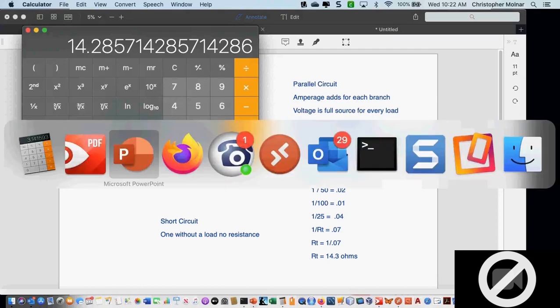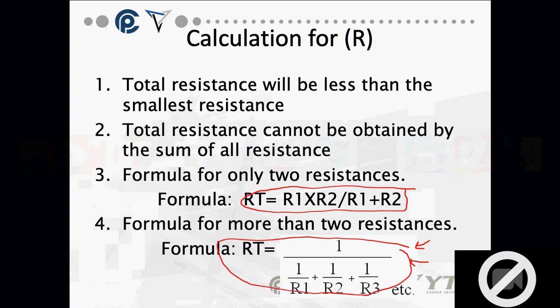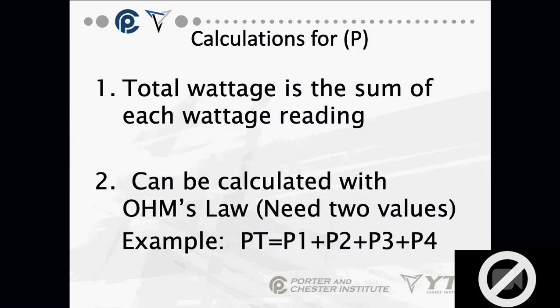Back to the final PowerPoint slide. Power, which is wattage, is the sum of all wattage. So the total wattage is just like amperage: it's the sum of the watts for each individual device.